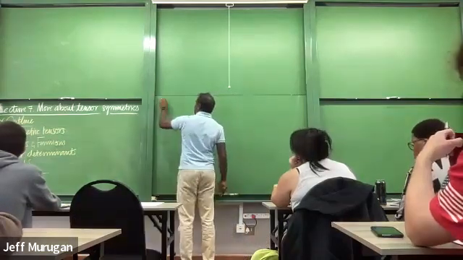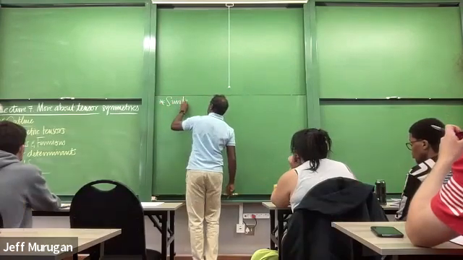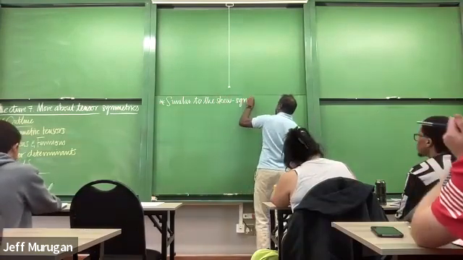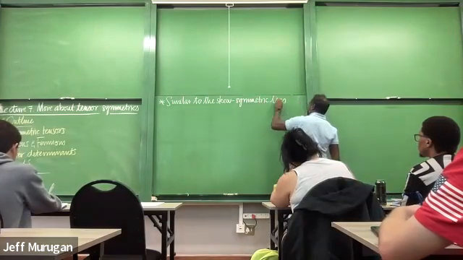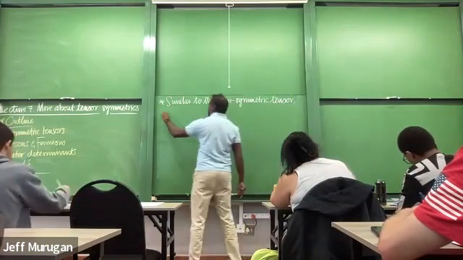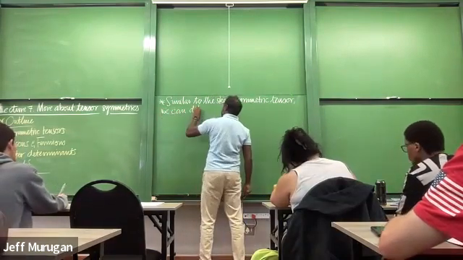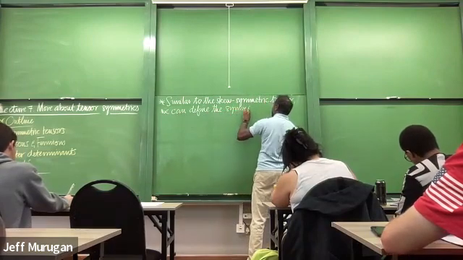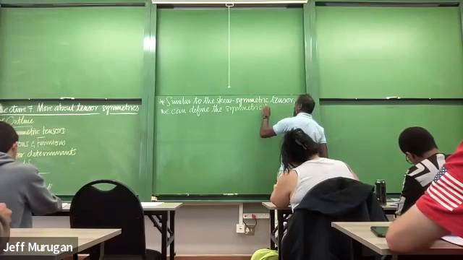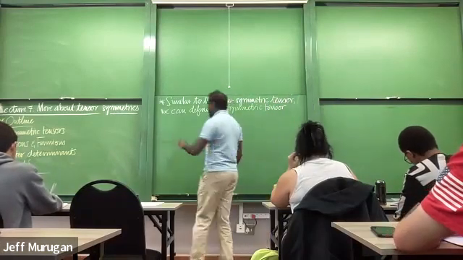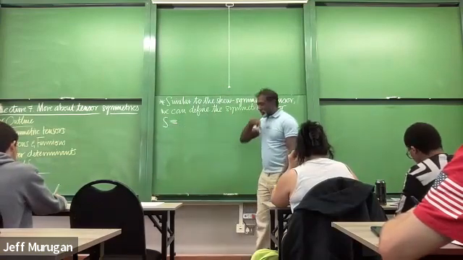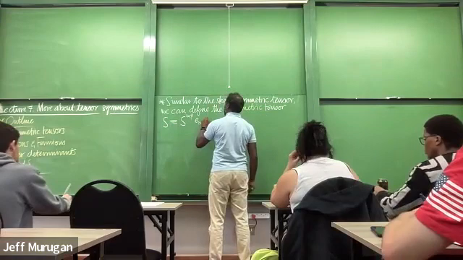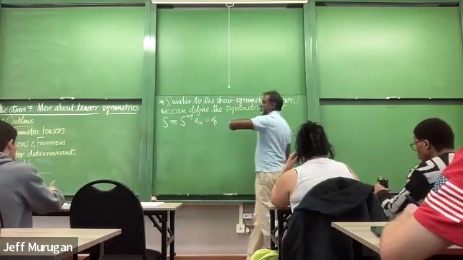So similarly, I can define a symmetric tensor, let's call it S, and S will be the tensor with components S alpha beta, E alpha symmetric product E beta.